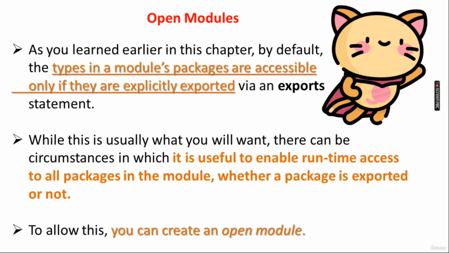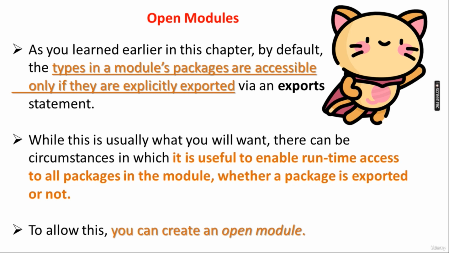While this is usually what you will want, there can be circumstances in which it is useful to enable runtime access to all packages in the module, whether the package is exported or not. Okay, so you have to keep that module open at runtime, whether the package is exported or not.